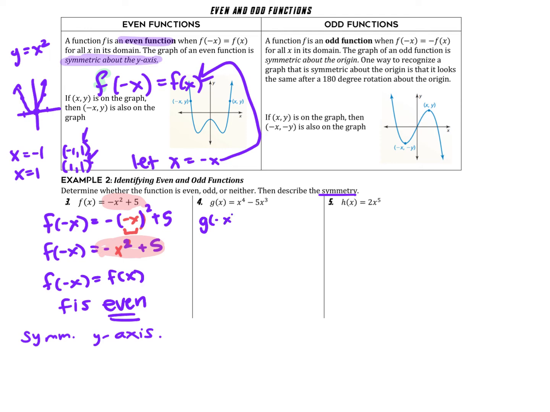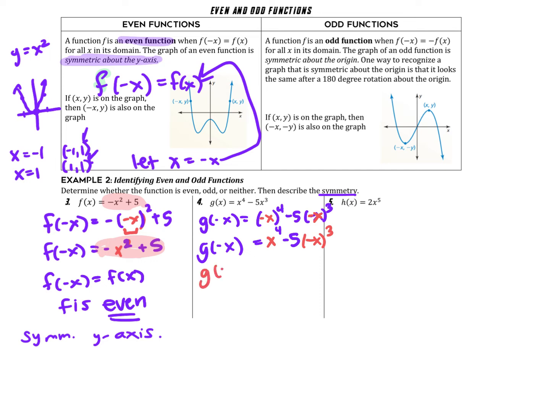All right, if I plug -x in here, I'm going to get -x to the 4th minus 5 times -x cubed. Sorry, I wanted that -x to be in red. So here we're going to get g of -x is equal to, well, -x to the 4th is just going to be x to the 4th, but this is going to be minus -x to the 3rd is going to be still -x to the 3rd.